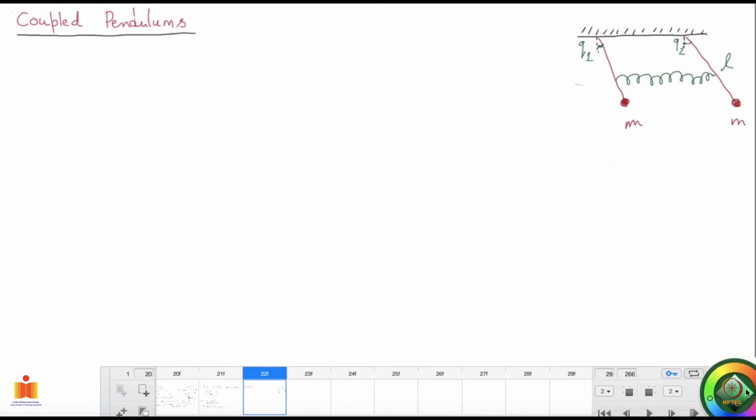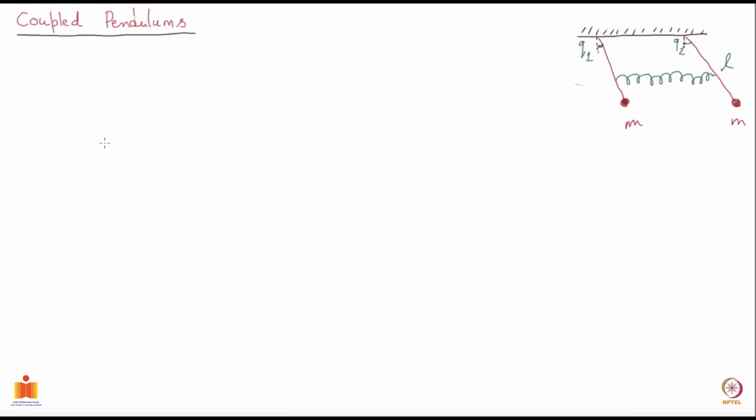This will be the kinetic energy: T equals half m L square, q1 dot square plus q2 dot square.